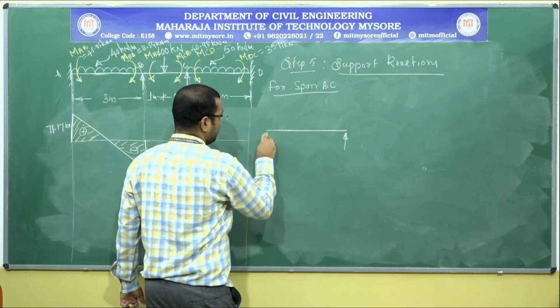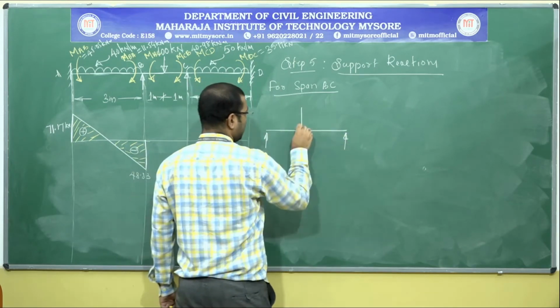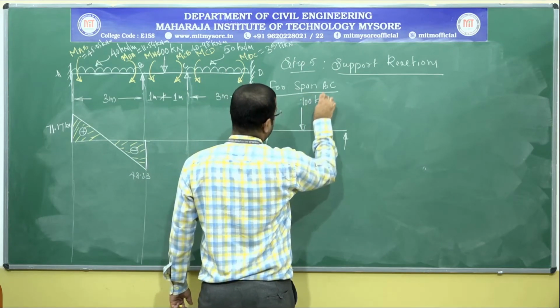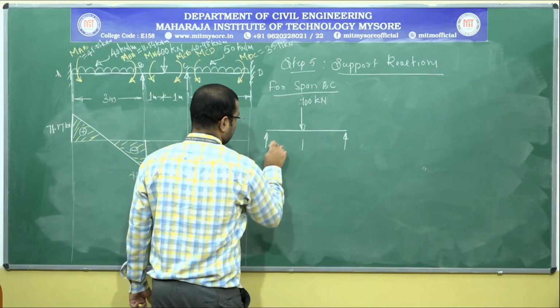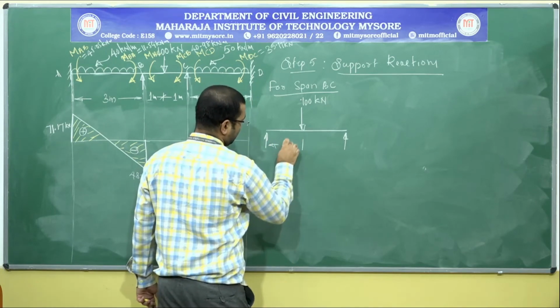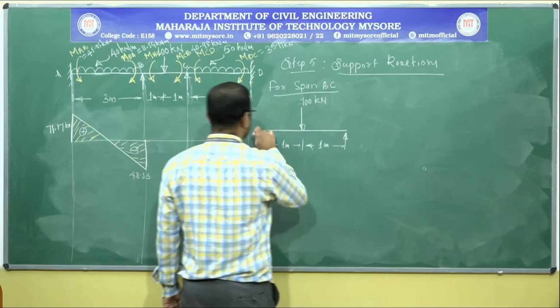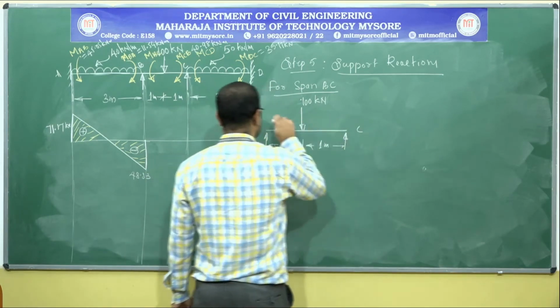On span BC, we have only a central concentrated load of magnitude 100 kilonewton. It is 1 meter each. This is B point. This is C point.